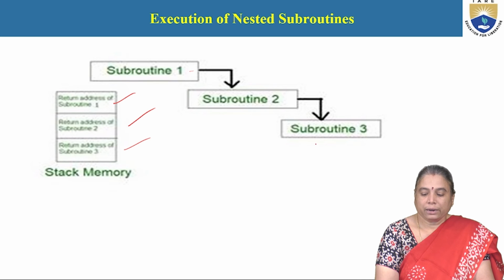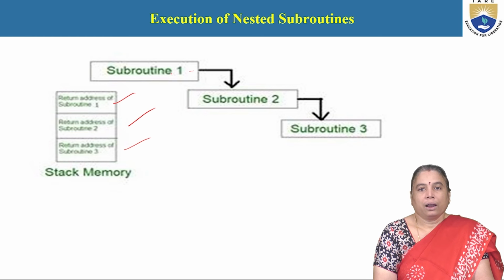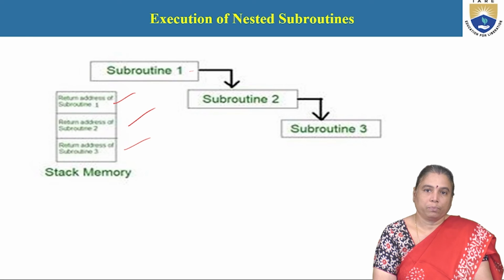And whenever a return statement is encountered in subroutine 3, the address can be popped and execution resumed in subroutine 2. Again, the return statement encountered in subroutine 2 can make a shift to subroutine 1 until the return statement is found in subroutine 1. In this way, the execution of the nested subroutines can take place.